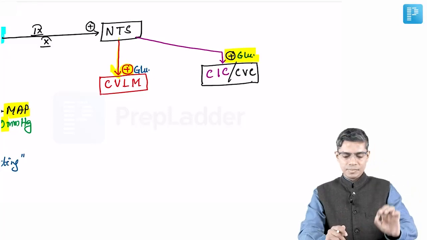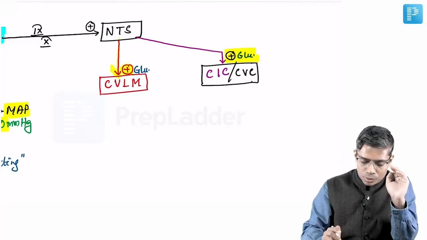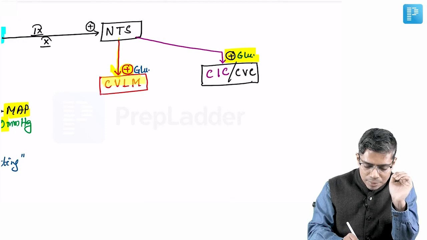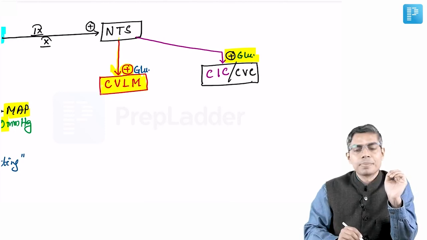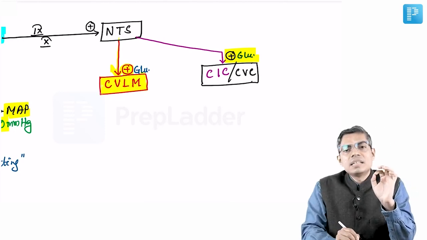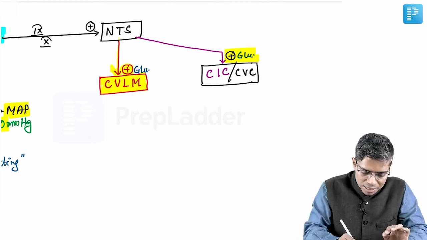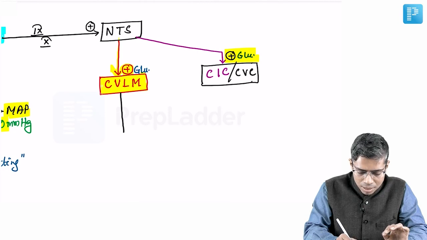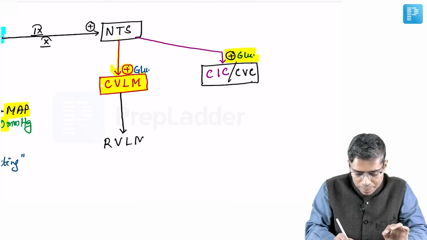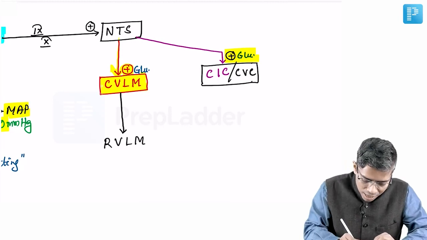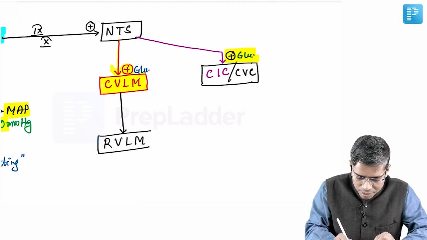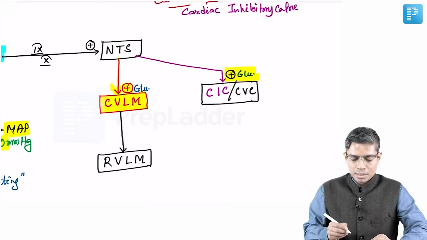Now, the neurons located at the level of CVLM are inhibitory neurons. These neurons project from the CVLM to the RVLM. This RVLM center is very important. What will be the full form?